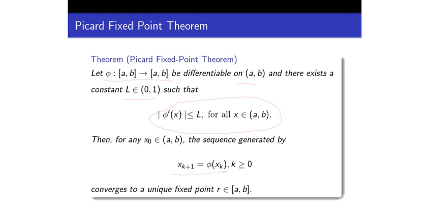It's an application of the mean value theorem. So phi from AB to AB is differentiable on the open interval AB, and definitely phi is continuous.